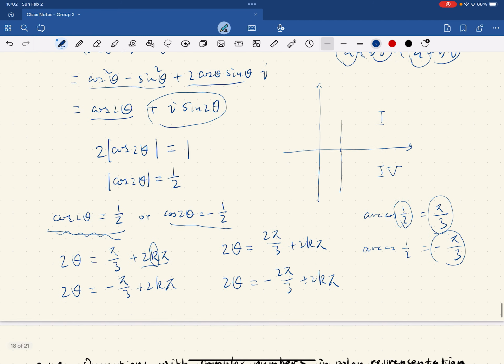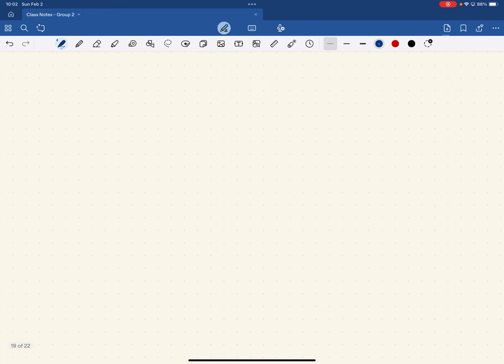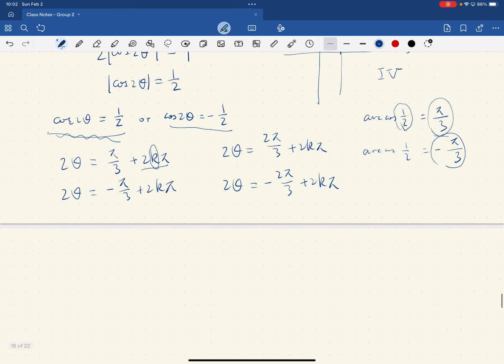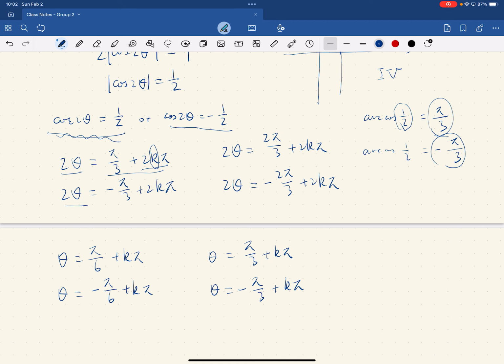So in that case, if I take this divided by 2, I get theta equals pi over 6 plus k pi. And here we have theta equals negative pi over 6 plus k pi. In this case, theta equals pi over 3 plus k pi. Theta equals negative pi over 3 plus k pi, right?